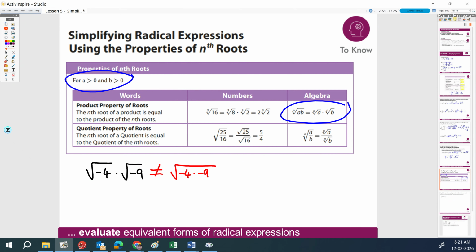If you had, like, square root of negative 9. You can still separate the square root of 4 and the square root of 9. Because then one of the numbers is positive.